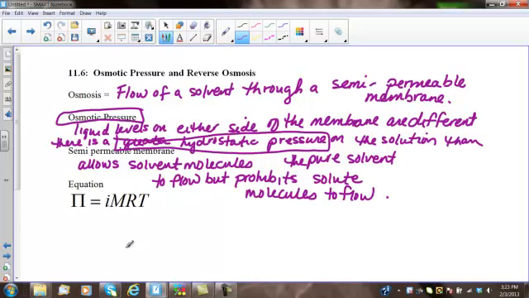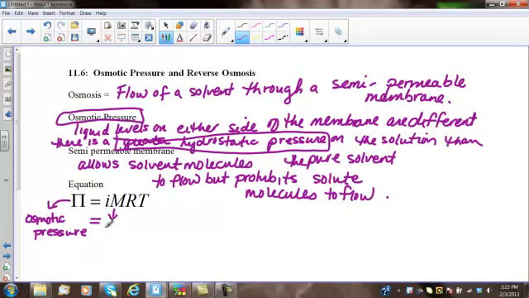Okay. The equation that we're going to use is this symbol that looks like a pi. This is really osmotic pressure. Osmotic pressure is equal to i, again, which is our Van Hoff factor, if we need one, times our molarity.